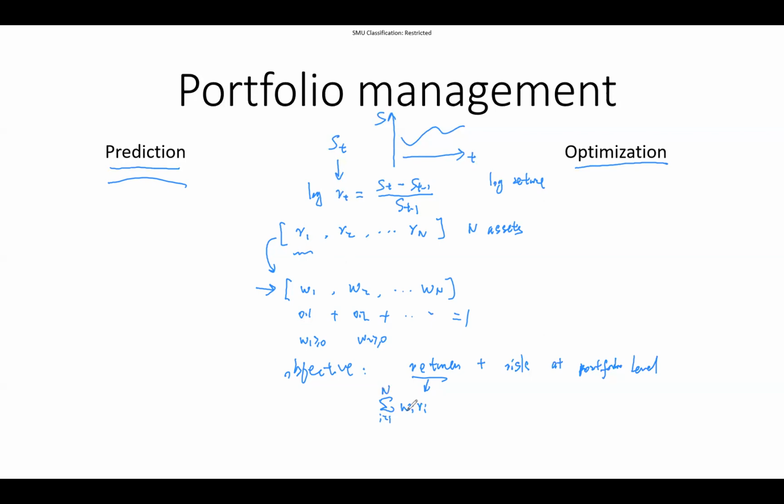So I'm just using a weighted average to calculate the portfolio level return. We can also write it in vector form, W transpose times R, both vectors. This is the portfolio level return, and we want to maximize it.